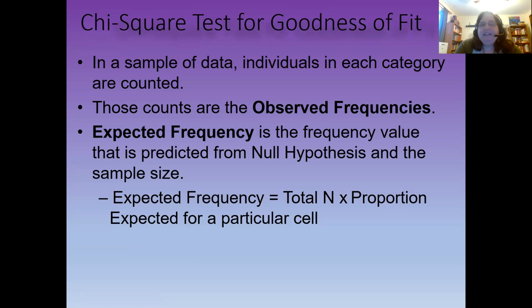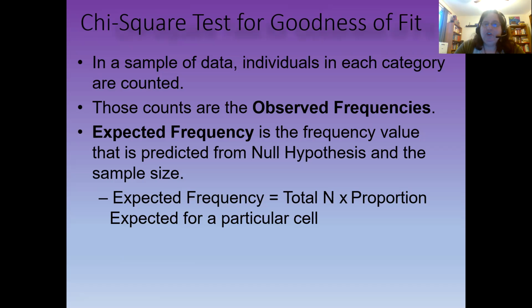Now, the expected frequency, that's the frequency value that is predicted from the null hypothesis and the sample size. The expected frequency is the total N times the proportion expected for each cell. Now, this would be a little bit easier if the proportion expected for each cell was even, right? Let's say we expected an equal number of people to have blue eyes, brown eyes, green eyes, other eyes.